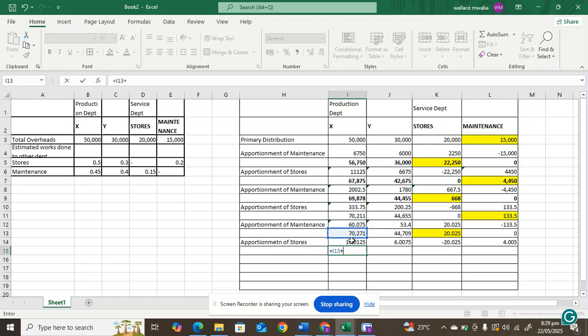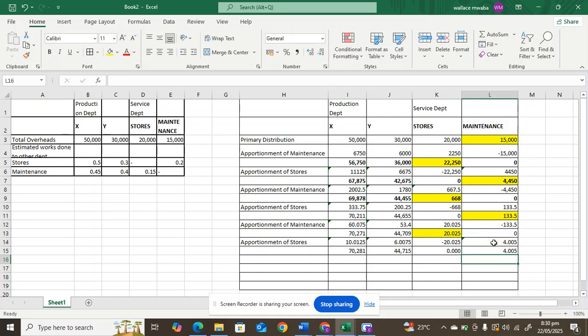Department X, department Y, 44,709 plus 6.0075. Then for stores, 20.025 plus 20.025, you get 0. Then for maintenance, you're going to say 0 plus 4.005.